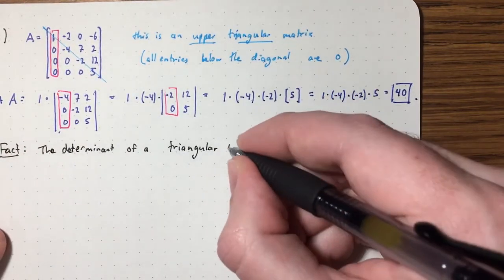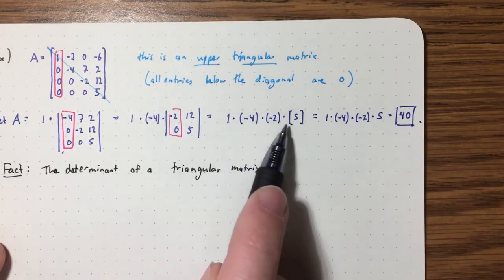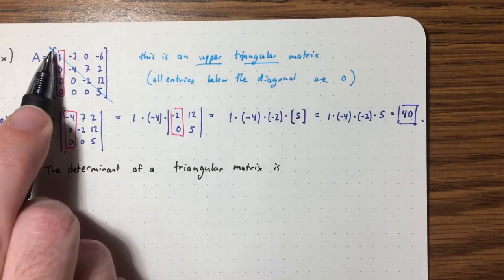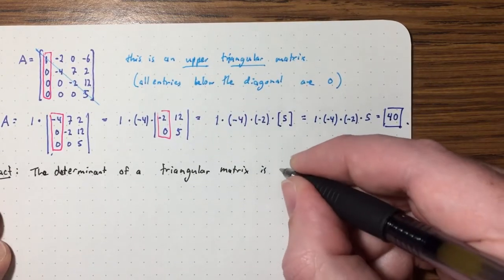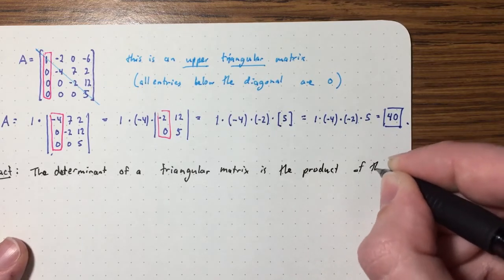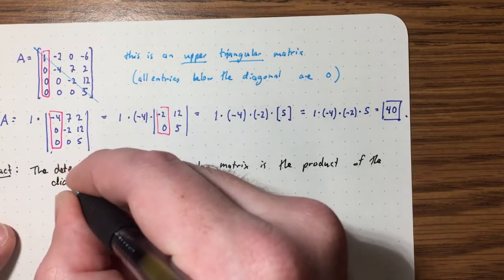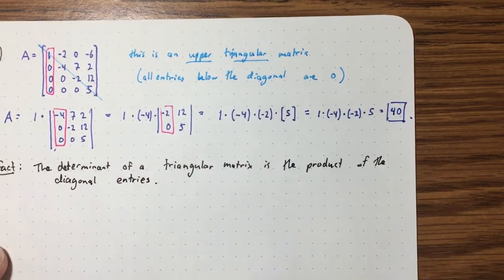But the determinant of a triangular matrix is, what did it end up being? It's just a product of the diagonal. It's the product of the diagonal entries.